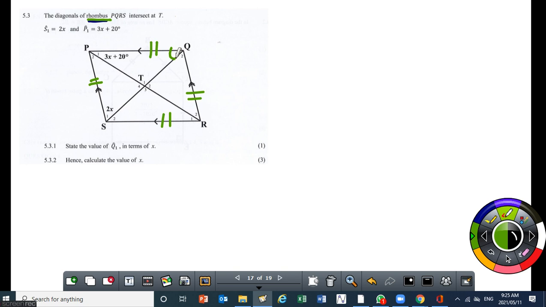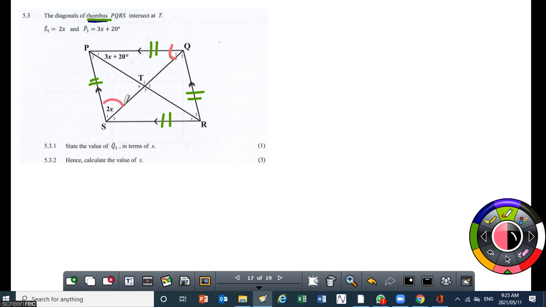Therefore, triangle PQS and triangle SRQ are going to be congruent triangles. You can do the proof as to why I'm saying they're congruent. Hence, this angle Q1 is going to be equal to 2x because PS is equal to PQ.